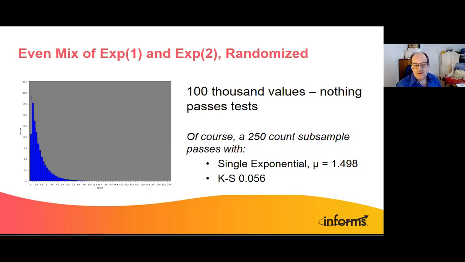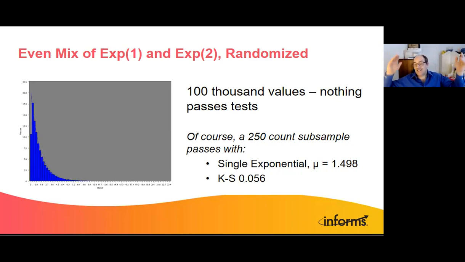I won't go through all the results here because this presentation is meant to be kept to a certain short length. So I do the same kind of test that I did for the previous data set, and the results are the same. 100,000 values, mixing these two distributions, nothing passed any of the tests. Nothing is valid. But if I just make the sample smaller, if I just make the sample 250 data points, suddenly it passes.